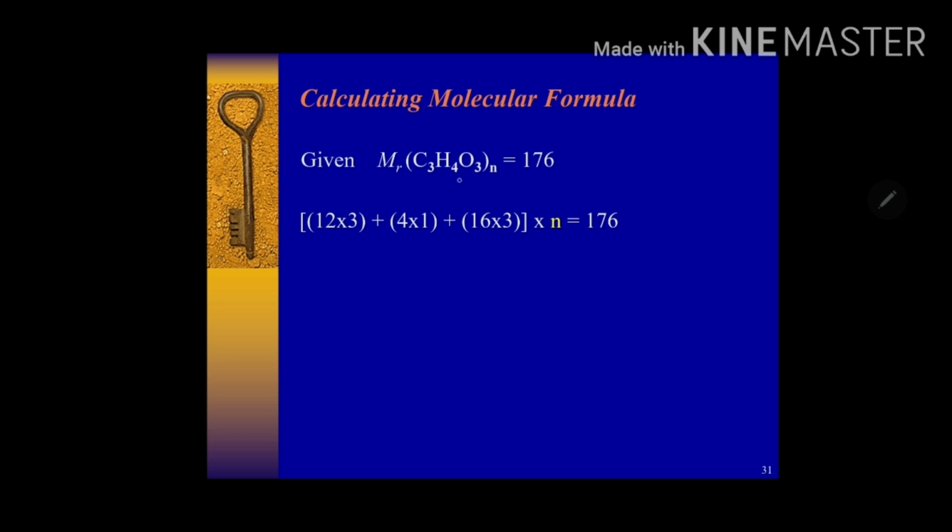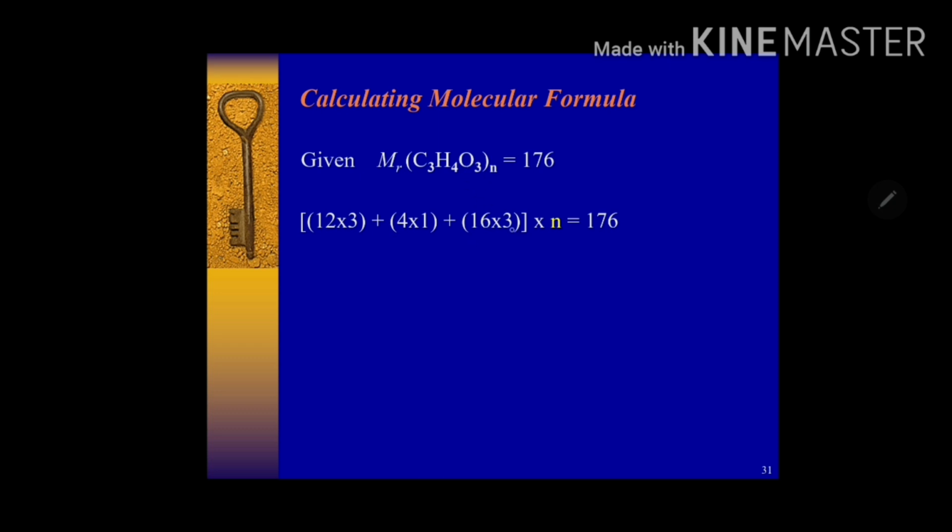Atomic mass for carbon is 12, and there are 3 carbon, so times 3. Hydrogen, there are 4 hydrogen, so the mass is 1 atomic mass. And for oxygen, atomic mass is 16.